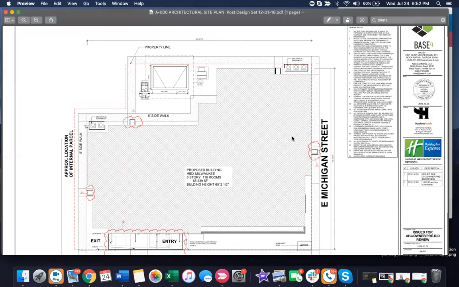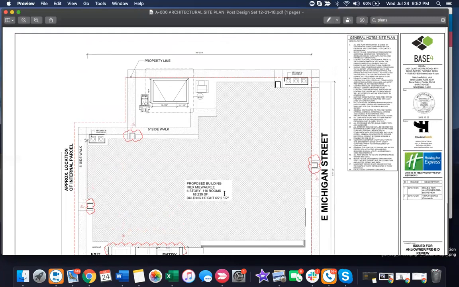So if we do, that says 68,000. Let's say I do 145 times 117. That equals 16,000, but that's only the ground level. You got to see, this is 6 stories.